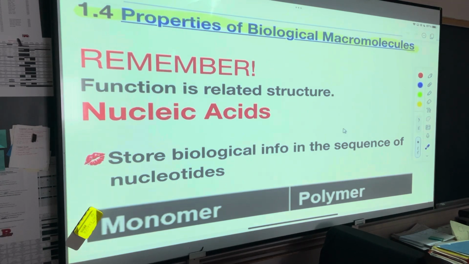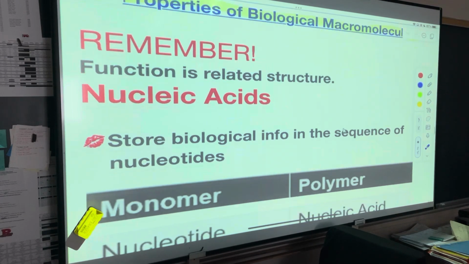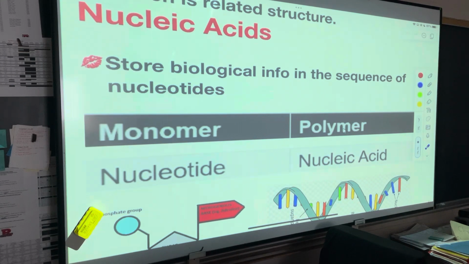Okay, all right. So let's start with nucleic acids. I'm going to give you probably not quite everything you would get if you were in AP, but pretty close. Nucleic acids store biological info in the sequence of their nucleotides. So the smallest part of a nucleic acid is its nucleotide. That's the monomer, right?